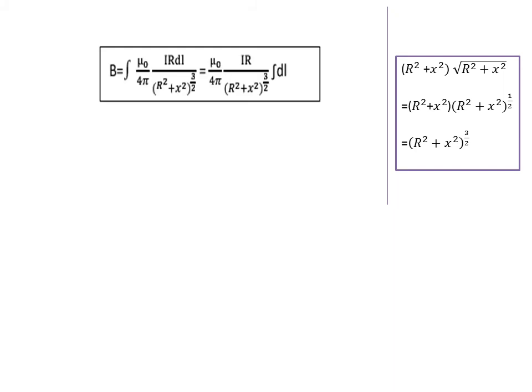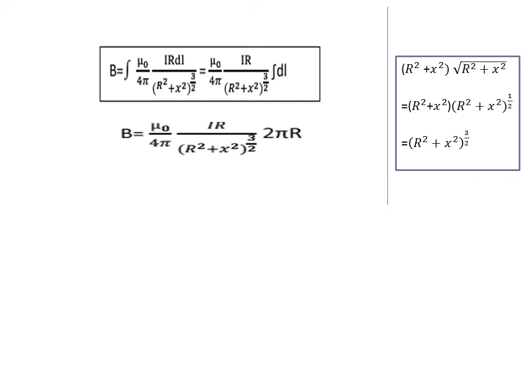So the value of B becomes B equal to integral mu 0 by 4 pi I R dl by (R square plus x square) raised to 3 by 2. We can take all the constants outside: mu 0 by 4 pi, I, R and (R square plus x square) raised to 3 by 2 are taken out. Inside we have integral dl.